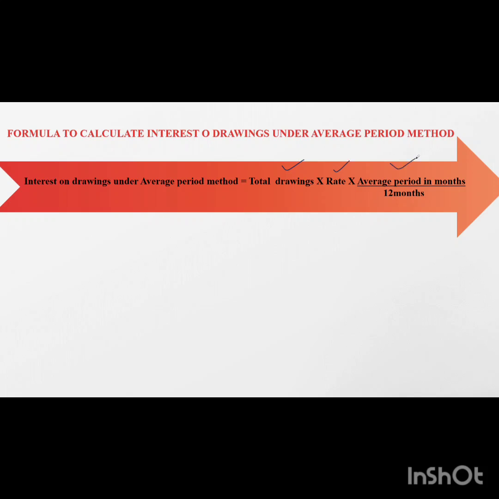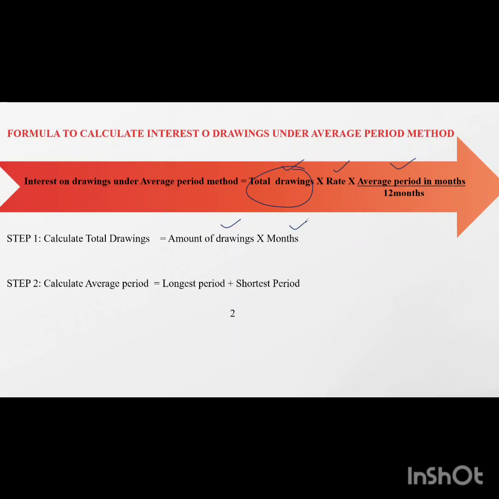As per the formula, there are 3 steps to be followed to calculate the interest on drawings under the average period method. Step 1 is to first calculate the total drawings, which will be the amount of drawings into the number of months. The second step is to calculate the average period, which is the longest period plus the shortest period divided by 2.